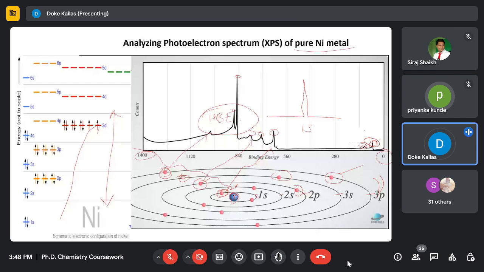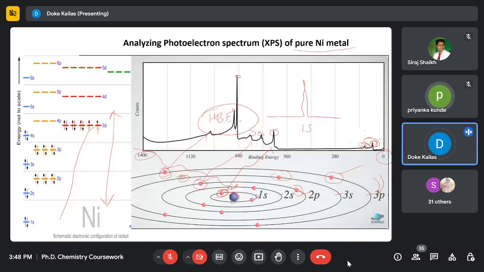Therefore, the binding energy decreases from the inner core shell to the outer shell. This is a strategy to identify which peak is likely for which nickel electron, whether a p orbital or s orbital electron, which we can easily analyze with the help of X-ray photoelectron spectroscopy.